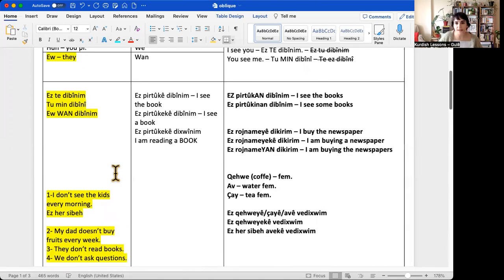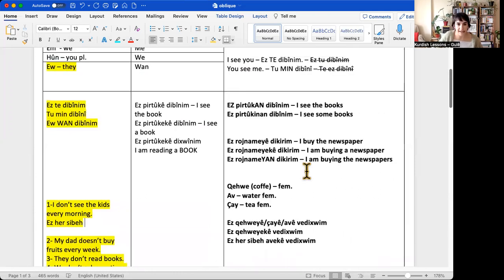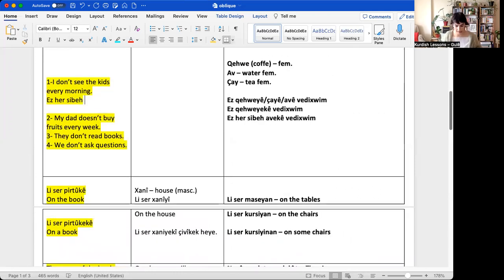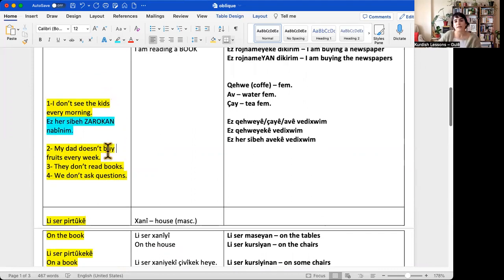So we need to use the oblique here, it's definite, okay? So as harsbah zaro kan nabinum. I hope you translated correctly. Again, as harsbah zaro kan nabinum, plural.